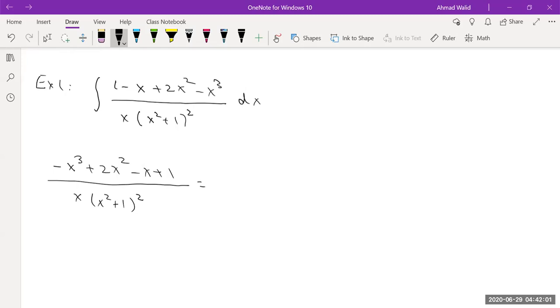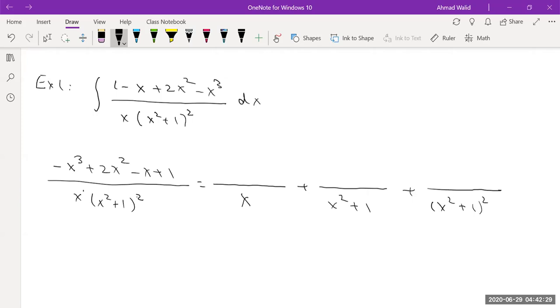This one equals 2. How many fractions do I need on the right? 2 plus 1 gives you 3. It means I need 3 fractions on the right side. Here you go, your 3 fractions. What are the denominators? The first one is x, the second one will be x squared plus 1, and the third one will be x squared plus 1 all squared.